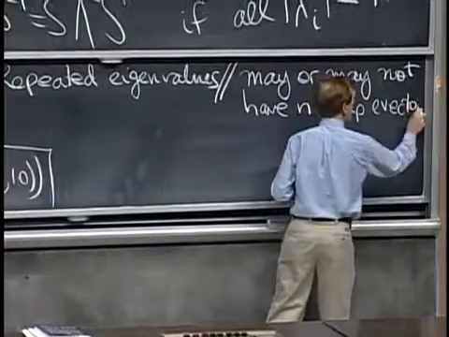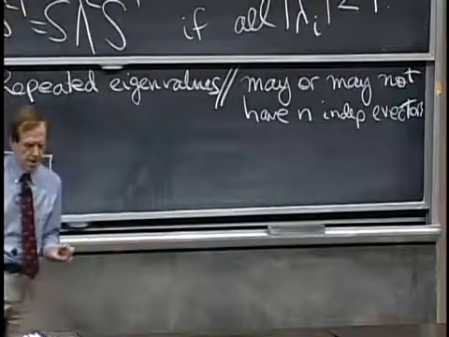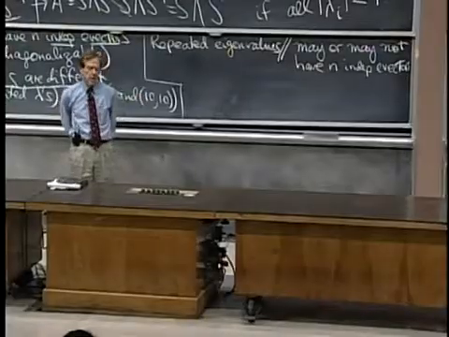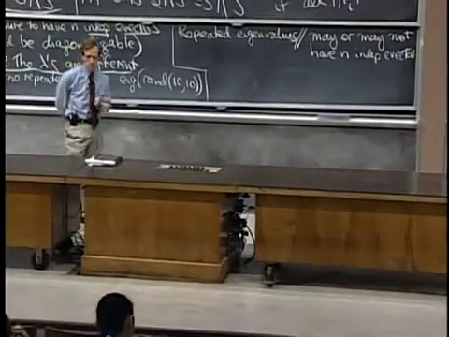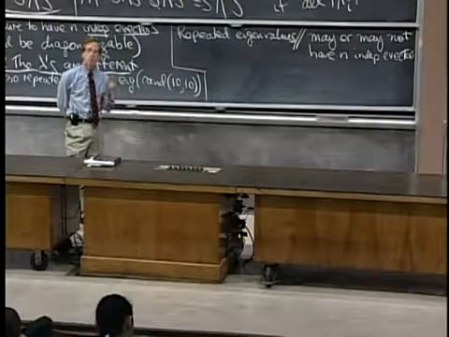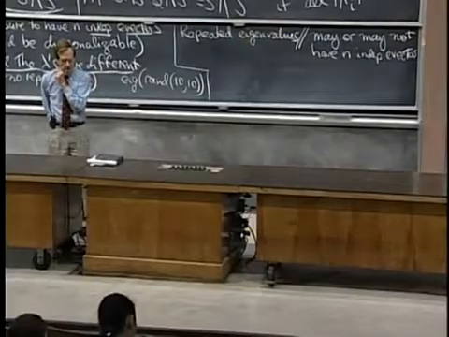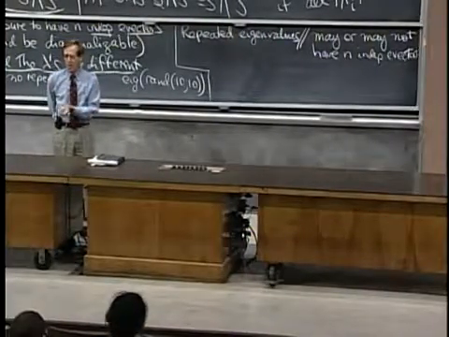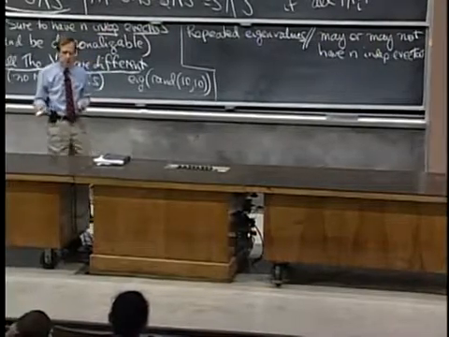I might. This isn't a completely negative case. Suppose I take the 10 by 10 identity matrix. What are the eigenvalues of that matrix? Let's take the easiest matrix, the identity. Its eigenvalues are all 1s. So that eigenvalue 1 is repeated 10 times.